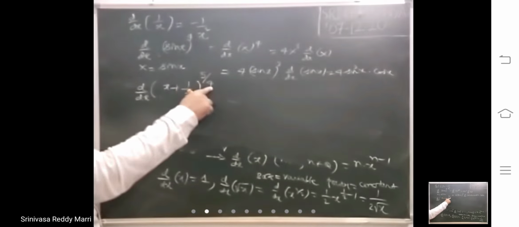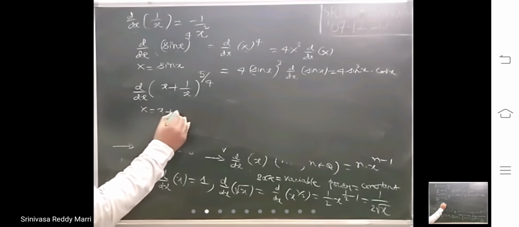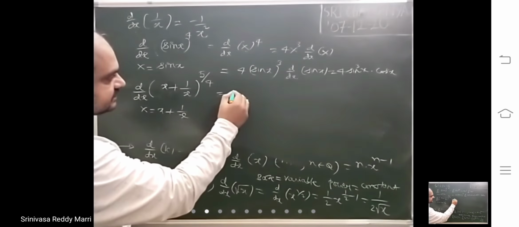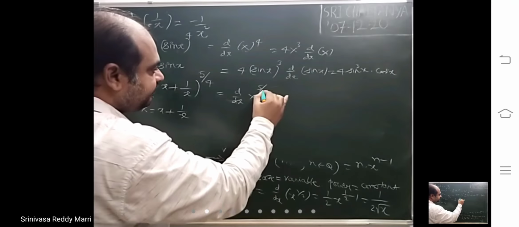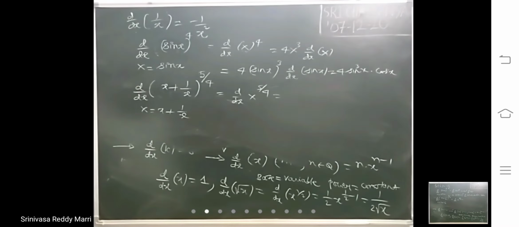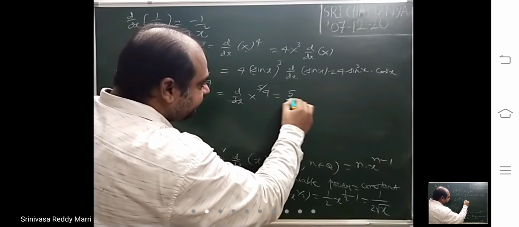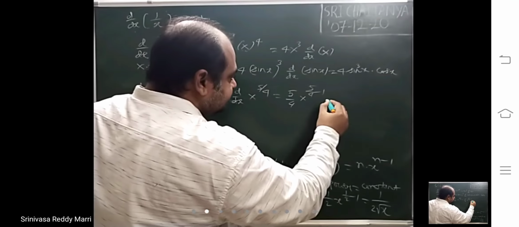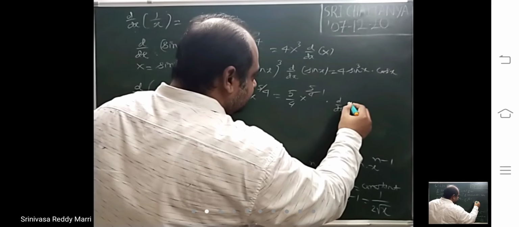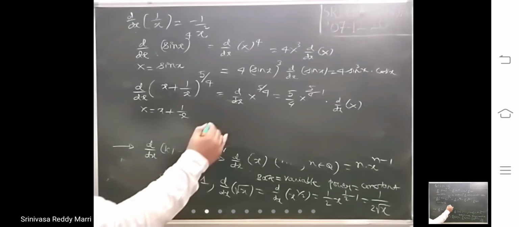So the power is a number and the base is a variable, so let us conveniently take it as capital X. d by dx of capital X to the power 5 by 4. That means x to the power n. What is the formula? 5 by 4 into x to the power 5 by 4 minus 1, and finally after writing the standard rule, you write d by dx of capital X.